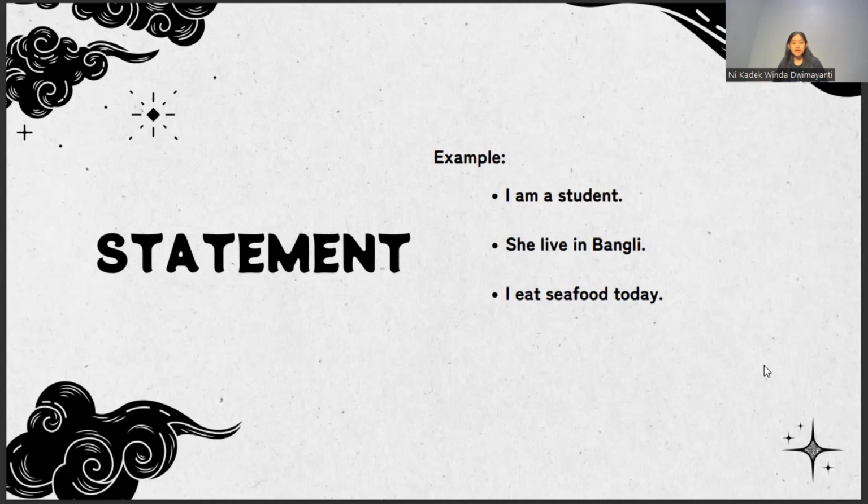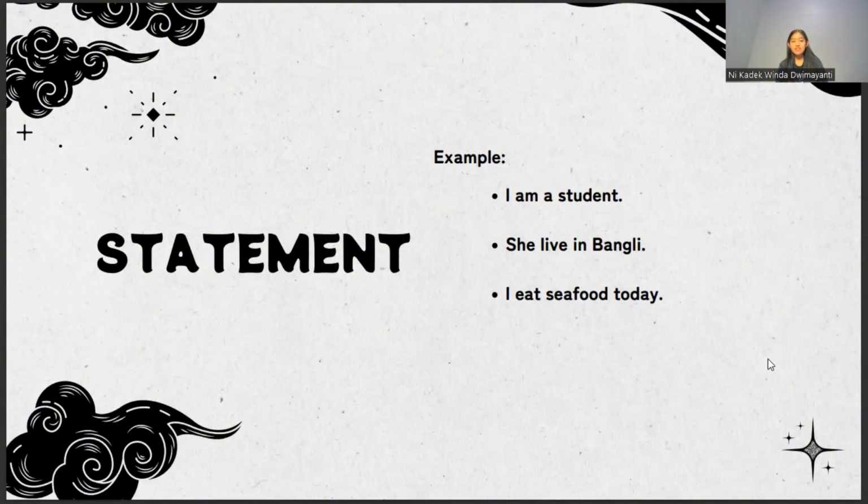And the last example is I eat seafood today. You can hear that at the end of the sentence, the tone is dropped. So, statement sentences use falling intonation.